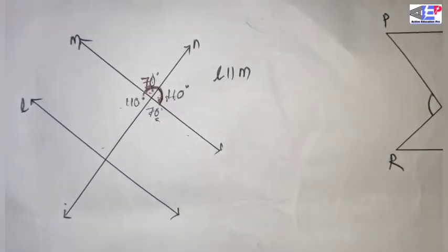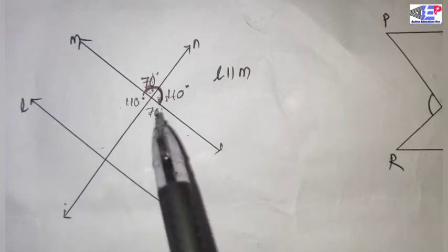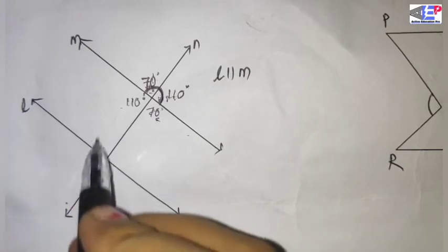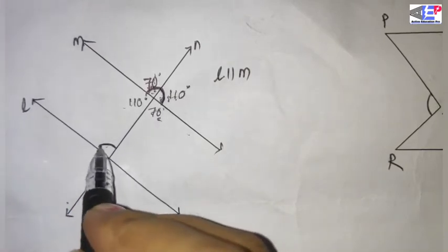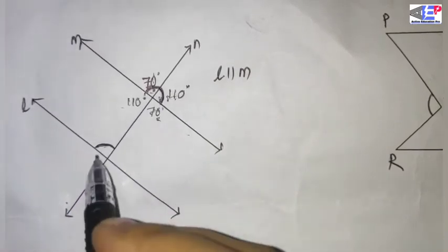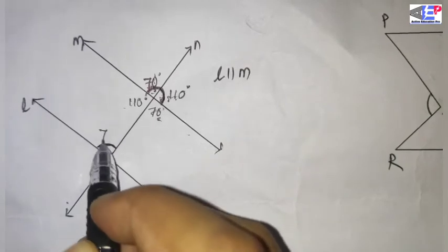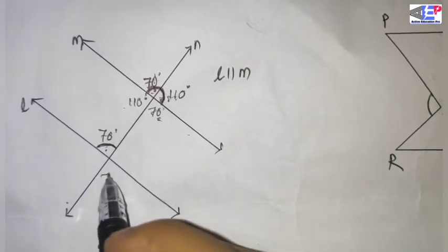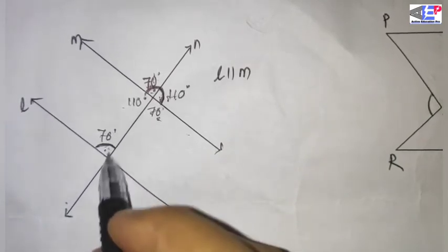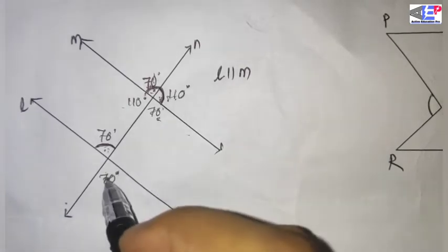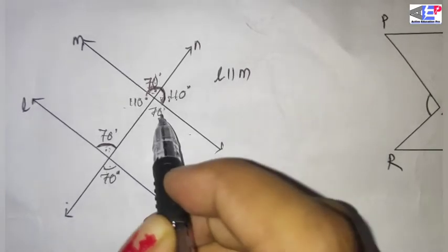Now by applying the parallel lines rule, this angle and this angle are corresponding angles. This is 70 degrees, and you can say that this angle is also 70 degrees because it is the vertical opposite angle. Otherwise, this angle is the corresponding angle of this angle.